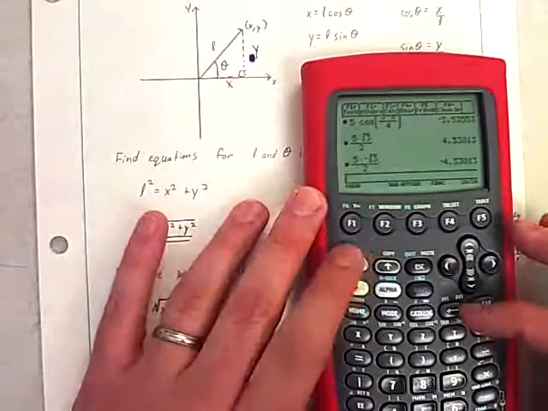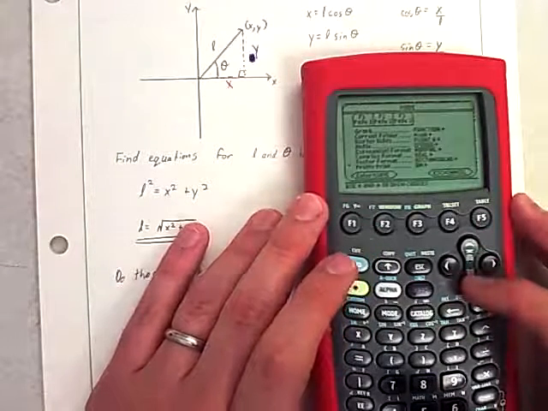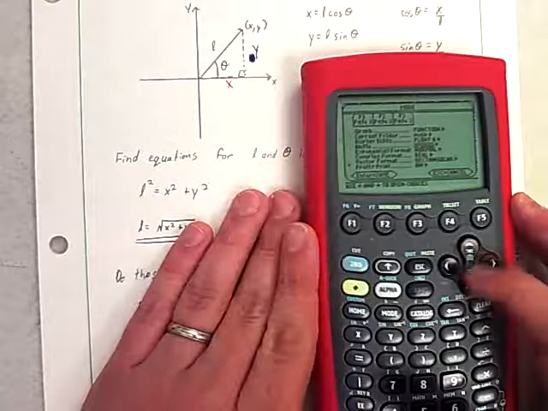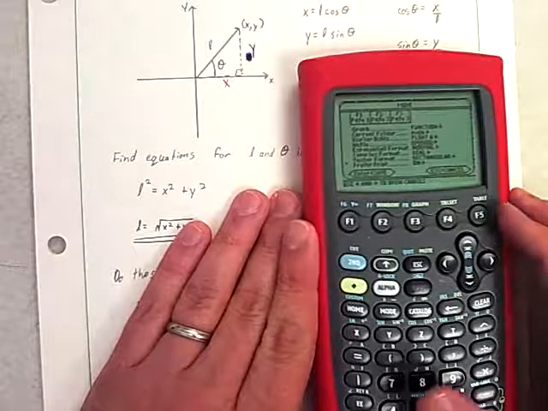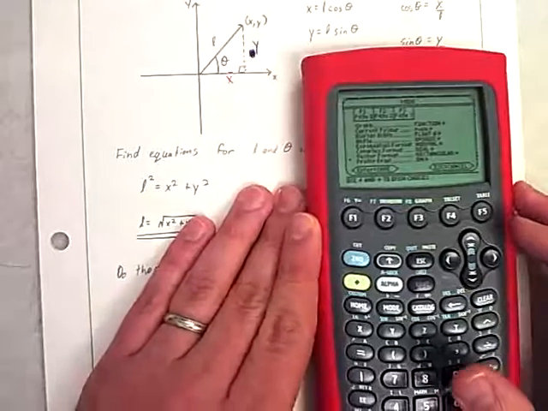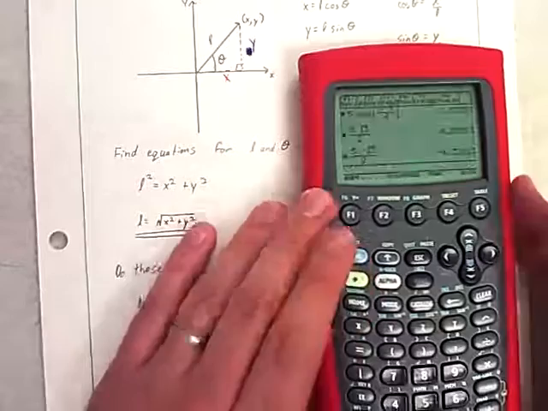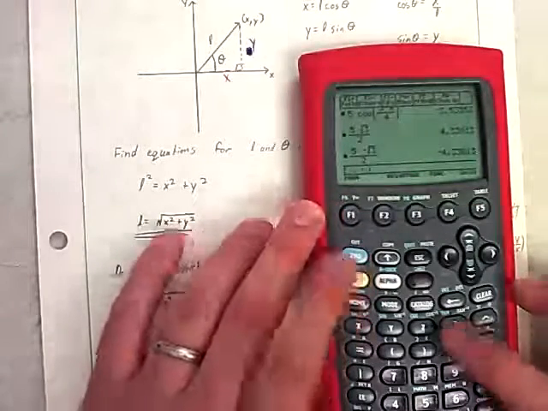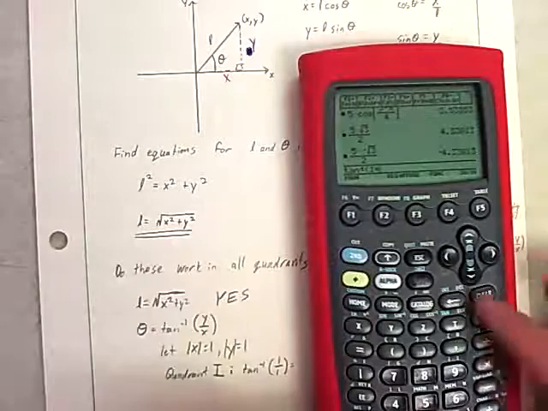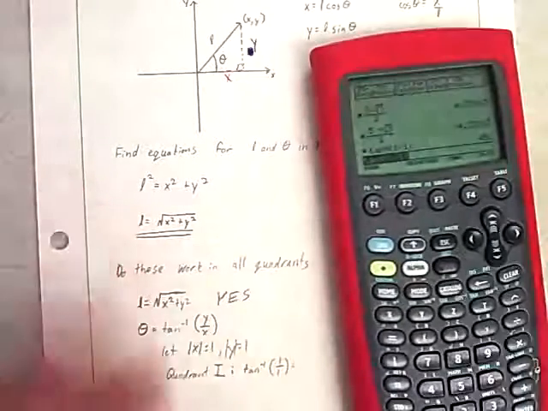And we can remember those later. So I'm going to change the mode to degrees, because that keeps me from having to remember how big is pi over 2, how big is pi, that sort of thing. So we're in degrees. If we do tan inverse of 1 divided by 1, then I get that it's 45 degrees.